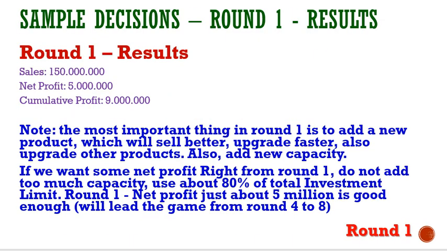And round 1 results: often we get sales of 150 million and net profit of only 5. So again, do not focus too much on net profit, but keep it positive so we can get good investment for later rounds. We need a few million net profit for round 1, round 2, round 3. Only a few, that's just enough, but keep it positive and avoid the emergency loan.